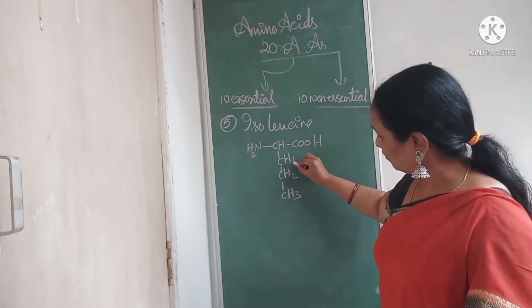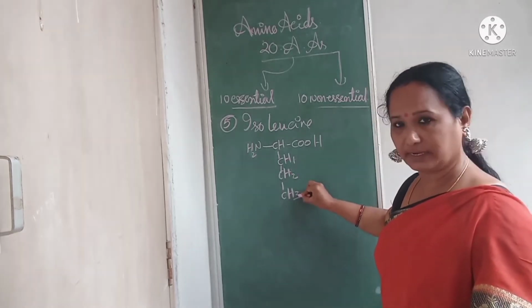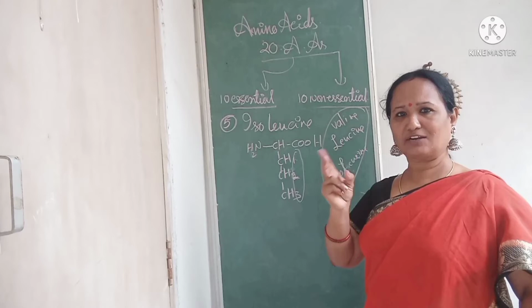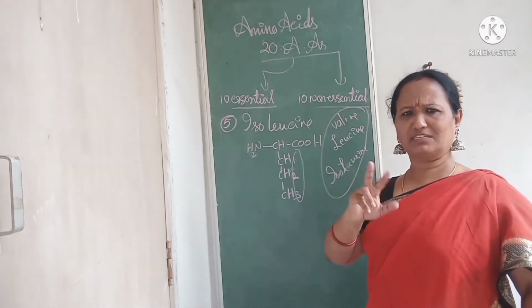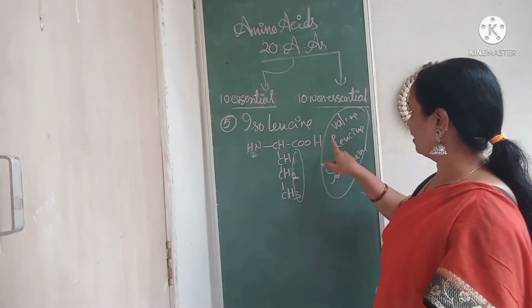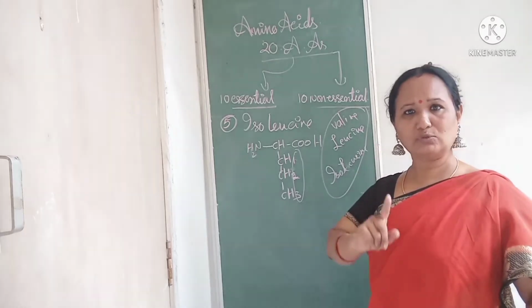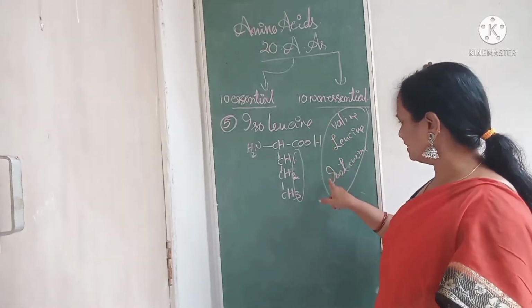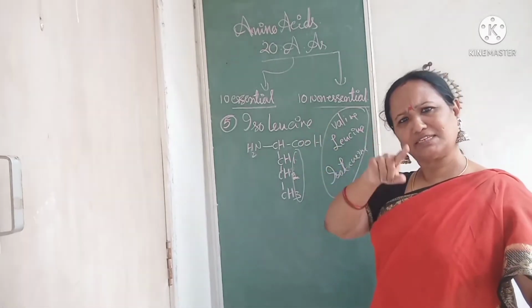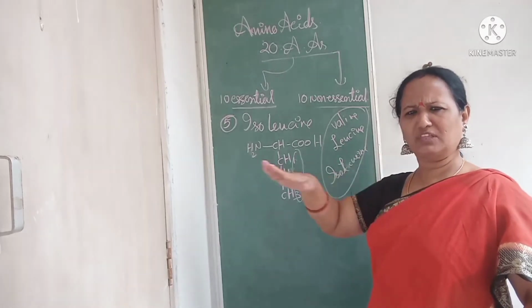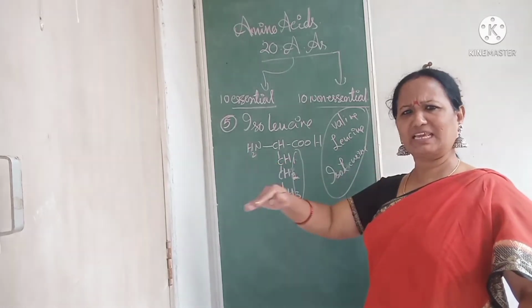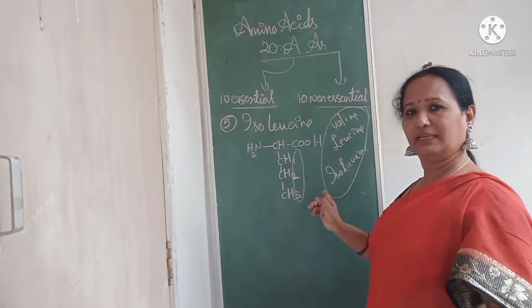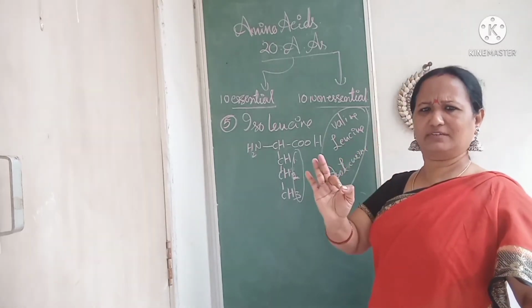So 1, 2, 3. In the case of valine, CH with CH3 and CH3 on either side; in the case of leucine, CH2 is added between the alpha carbon and CH; and in the case of isoleucine, CH3 is added after the alpha carbon.